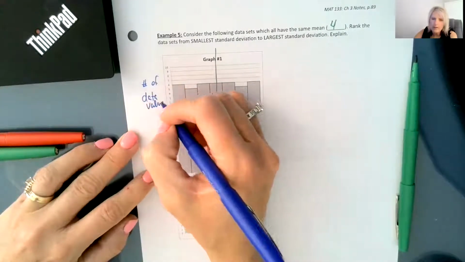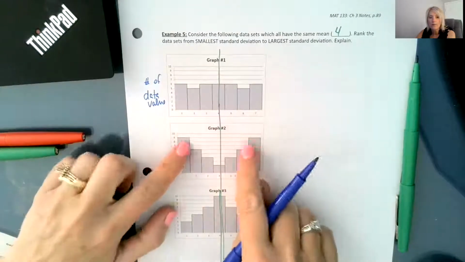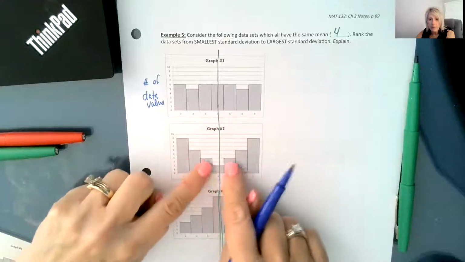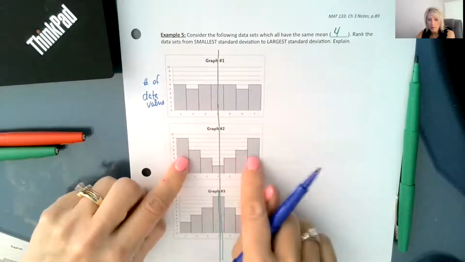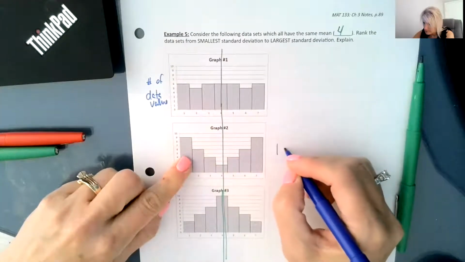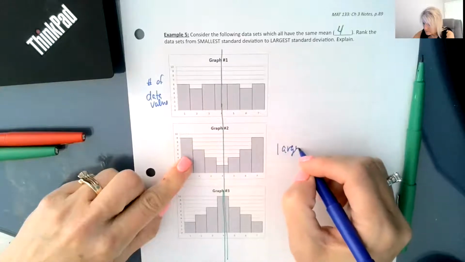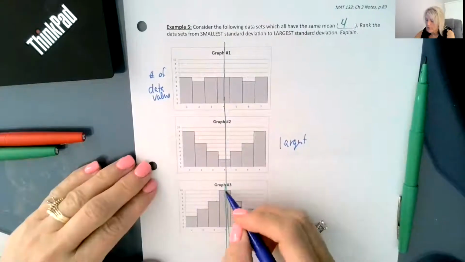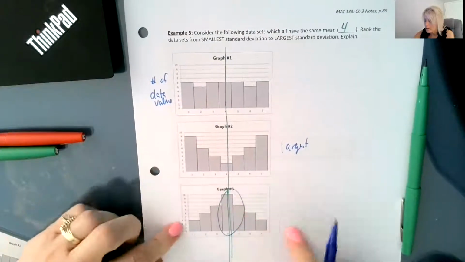So the one with the largest standard deviation is going to be the one that has the most data values away from the center. And this one here in the middle has most of its data points away from the center. So this is the largest. This one is the smallest. Most of its data points are at the center, right? And then it dwindles off.